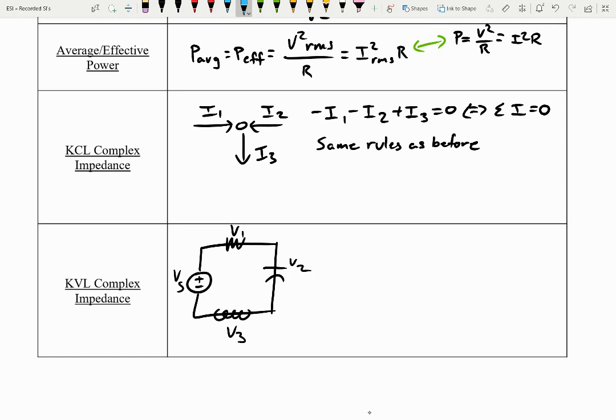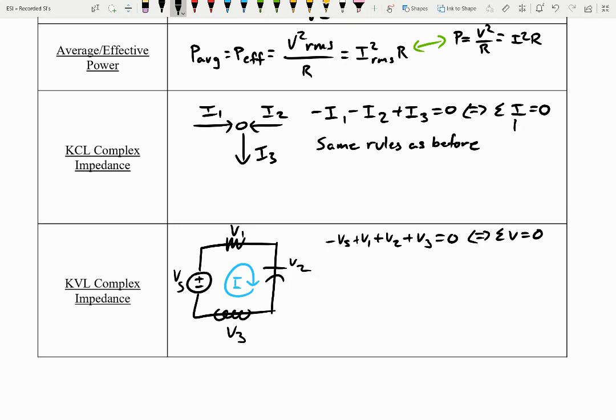Where just like the KVL, we'll walk this loop as if this current was here. And all we're going to do is assign whatever terminal sign that we see to these voltage values. So negative Vs plus V1 plus V2 plus V3 is equal to 0. So we're just saying here the sum of the voltages is equal to 0 in a loop.